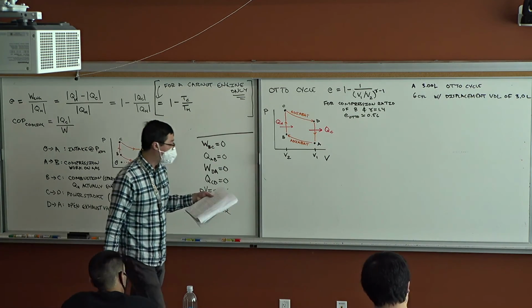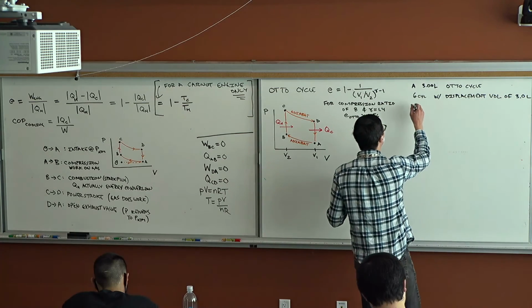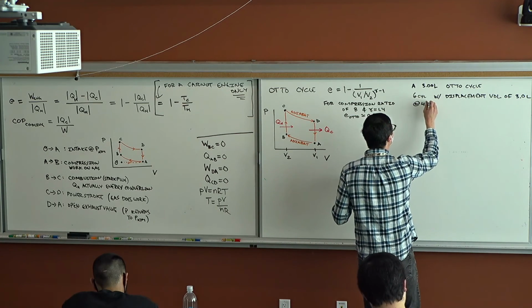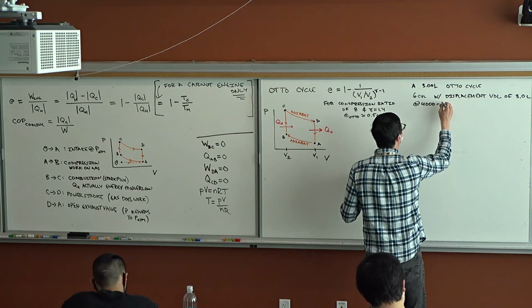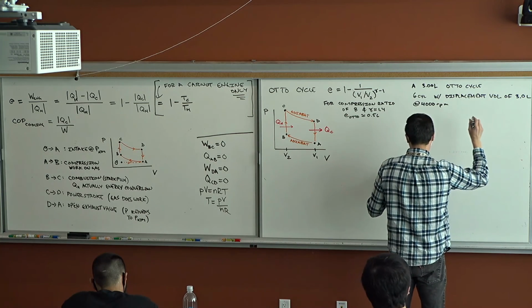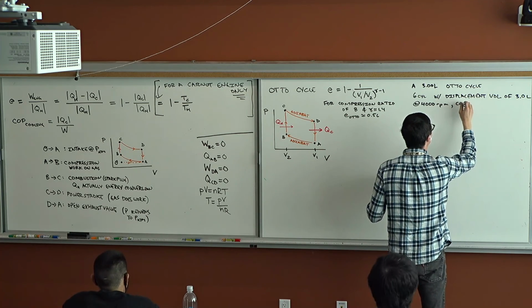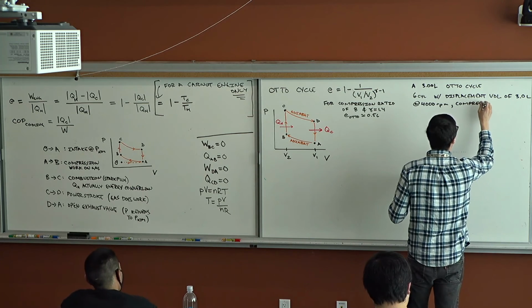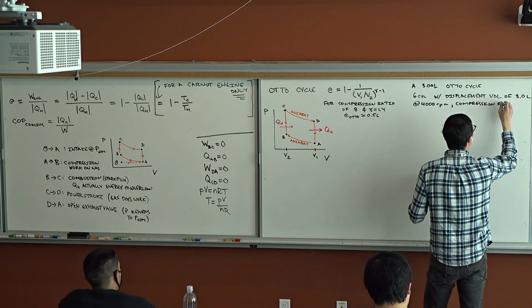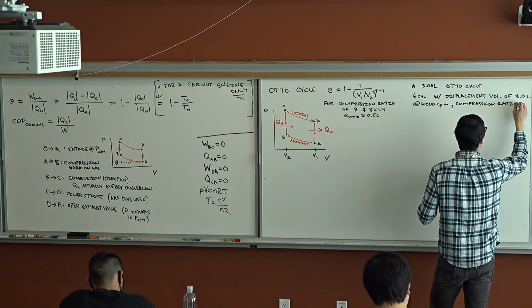Let's push this at about 4,000 RPM, and a compression ratio of 9.5.